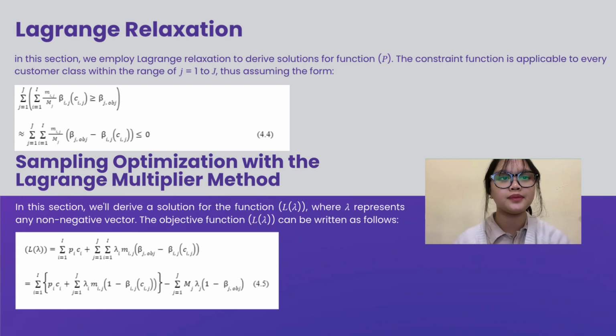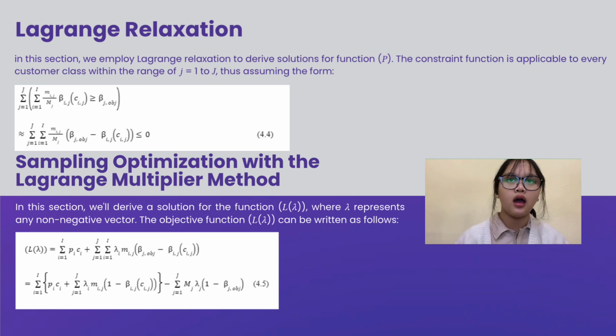So I will explain the Lagrange relaxation. In this section we employ Lagrange relaxation to derive a solution for function P, and the constraint function is applicable to every customer class within the range of G equals 1 to G, assuming the form, as you can see in picture 4.4. And then we can move to the stock optimization with the Lagrange multiplier method. In this section we derive a solution for the function L lambda, where lambda represents any non-negative factor.